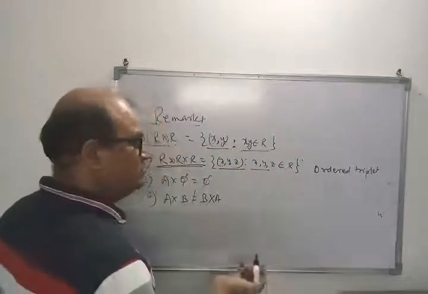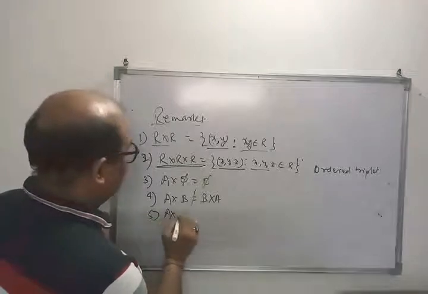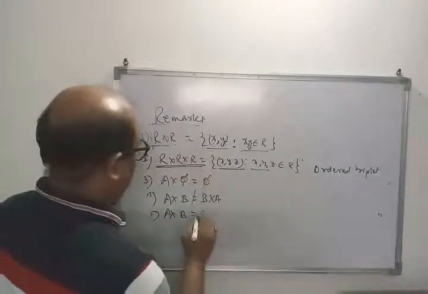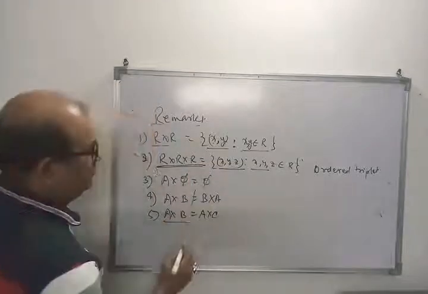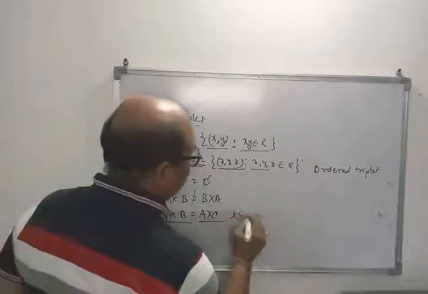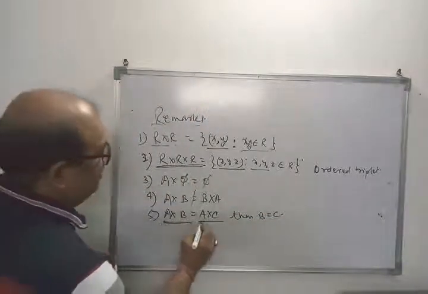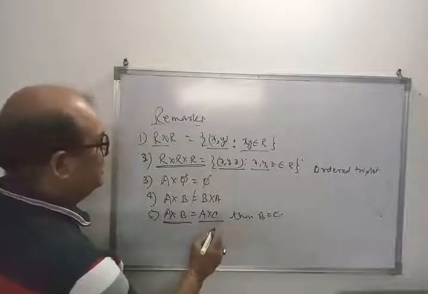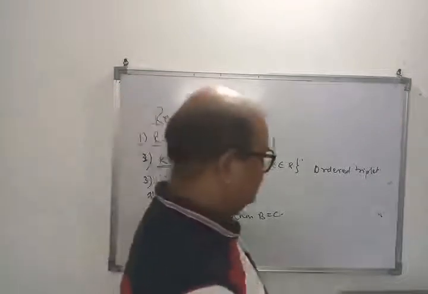But if the Cartesian product of A and B equals the Cartesian product of A and C, then set B is equal to set C.